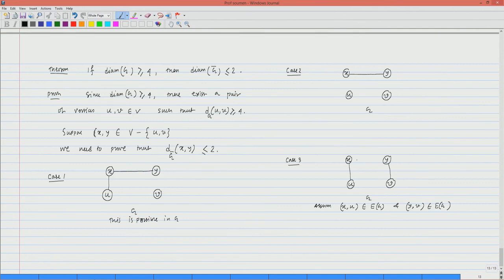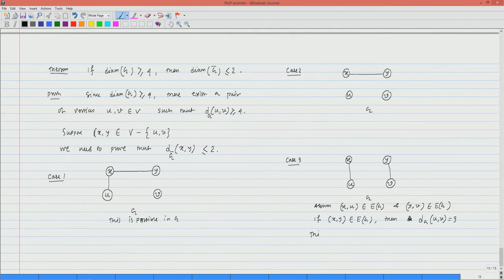Now, as I said, if x and y are also adjacent in G, then the distance between u and v in the graph G will be 3. Okay.